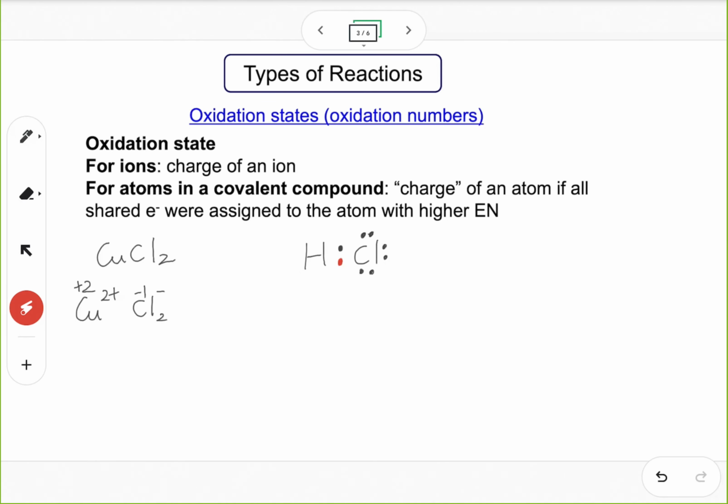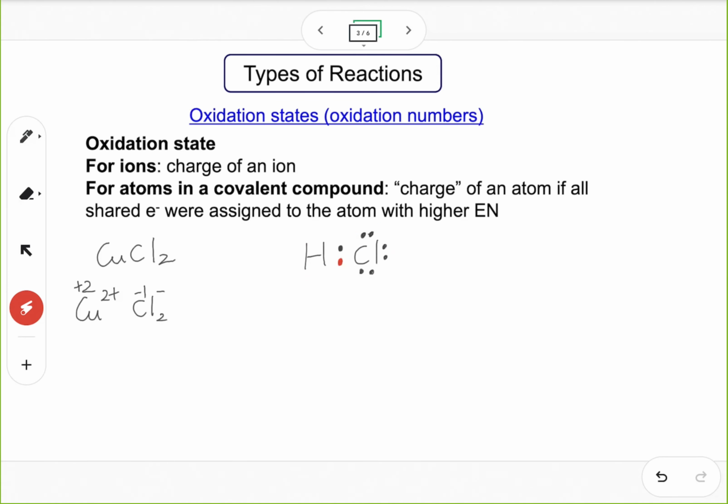But how do we assign the oxidation states for hydrogen and chlorine? Well, in this case, we have to make some assumptions. Okay, so let's focus on chlorine. For chlorine, it will be the charge of chlorine if both of the electrons were assigned to chlorine, which has a higher electronegativity than hydrogen.